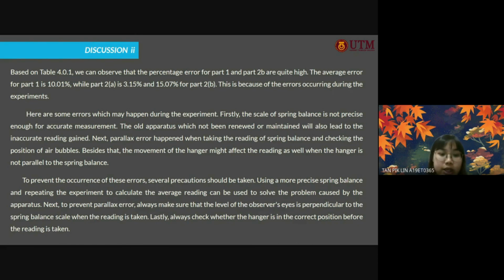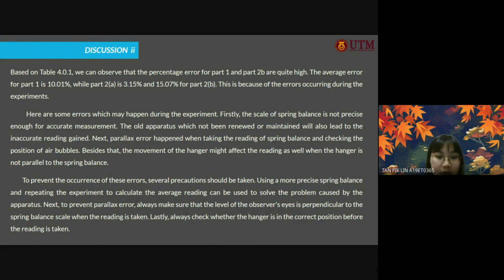The next one is the parallax error that will happen when we are taking the reading of the spring balance, as well as checking the position of the air bubble. This is because sometimes our eye level is not perpendicular to the spring balance. And the next one is the movement of the hanger that might affect the reading as well when the hanger is not parallel to the spring balance.